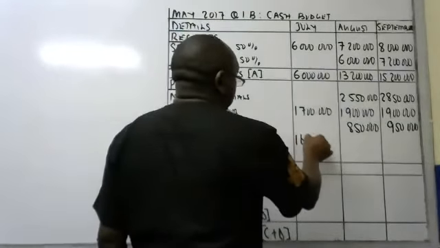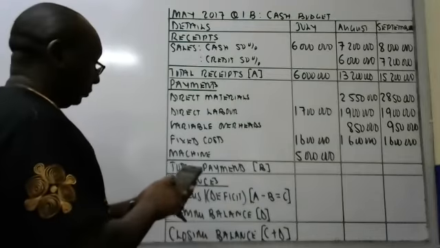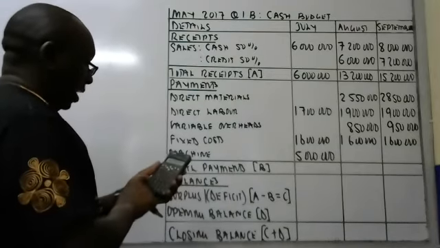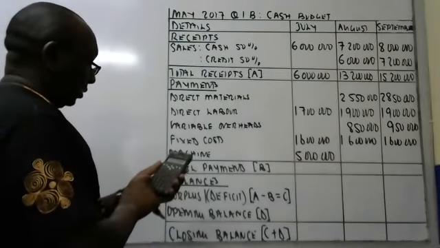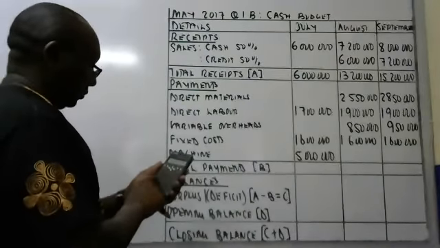And then there is this machine that will be paid for in July, 5 million. So in July, we are paying for a machine, 5 million. So we start now adding. We get the total payments. So this will be 8,300,000.